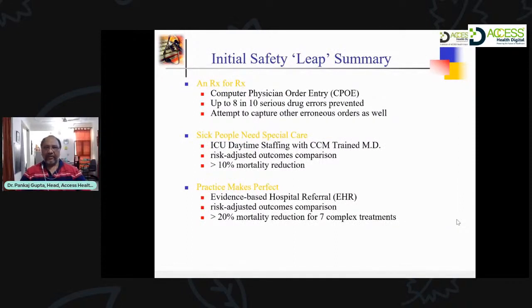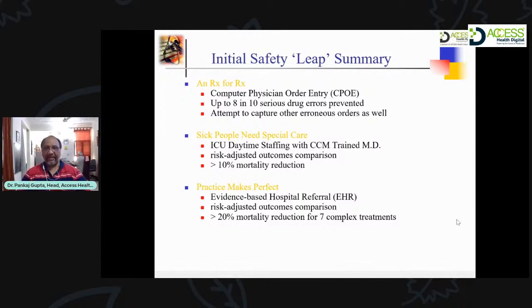The first principle was computerized physician order entry, in which they said all the order entry is going to be based on standards, which is CPOE orders, and there needs to be an attempt to capture erroneous orders also. The second thing they said was that sick people need special care, and ICU daytime staffing with a CCM trained medical doctor should be there.